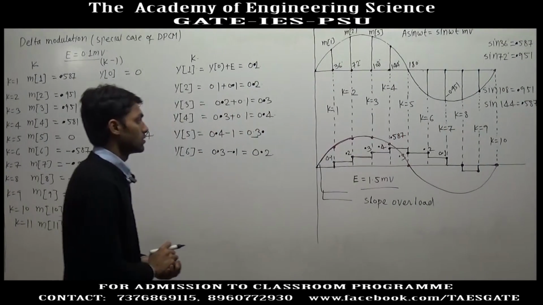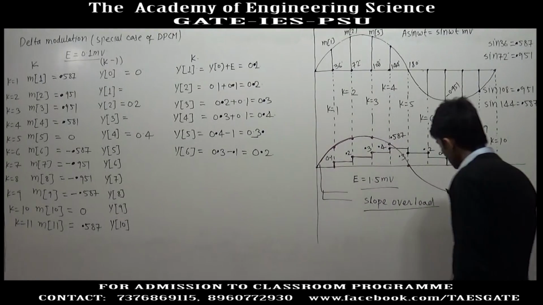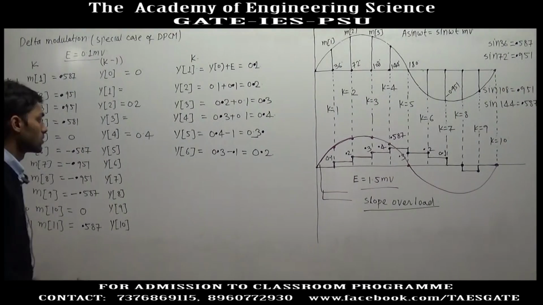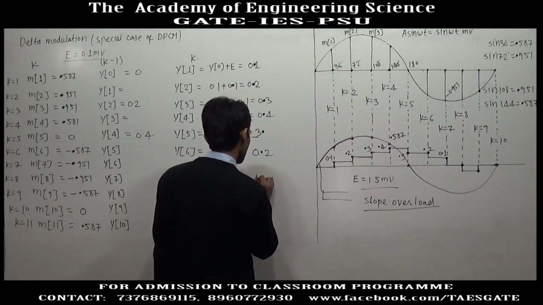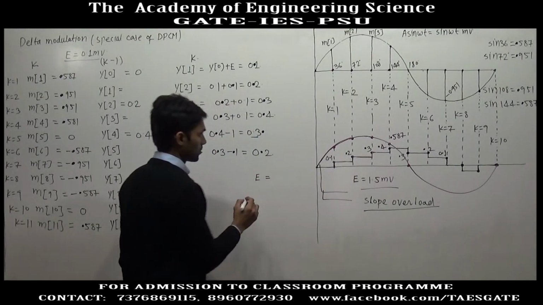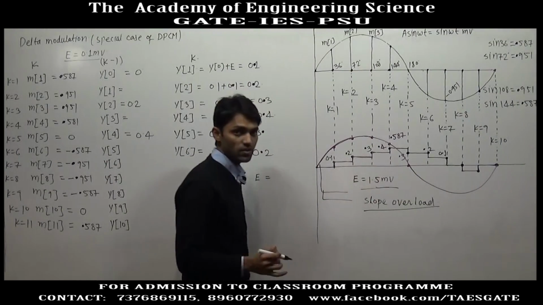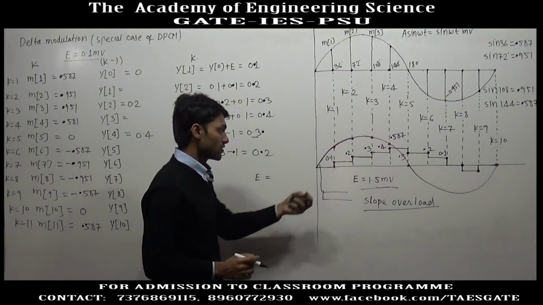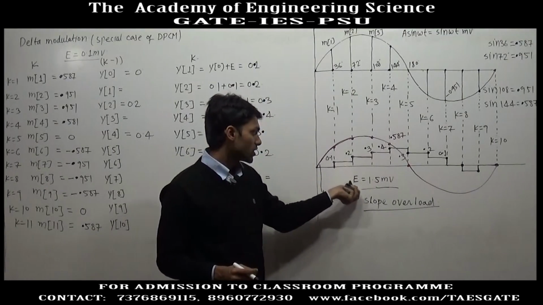Now, if we want to solve the problem of overload, we will have to increase the value of threshold. But when you plot taking E equal to 1.5 millivolt, the tracking will be poor. So, you can say that the upper limit of threshold is defined.